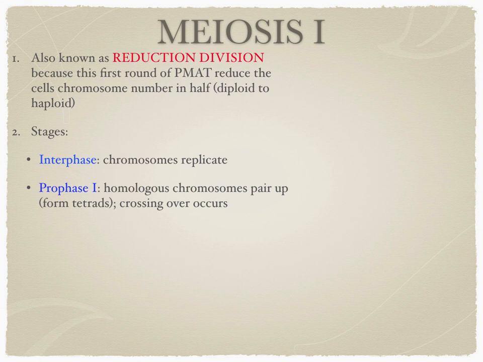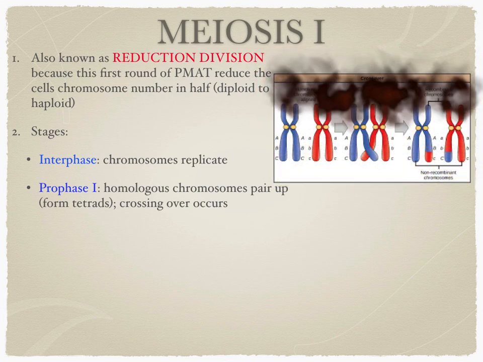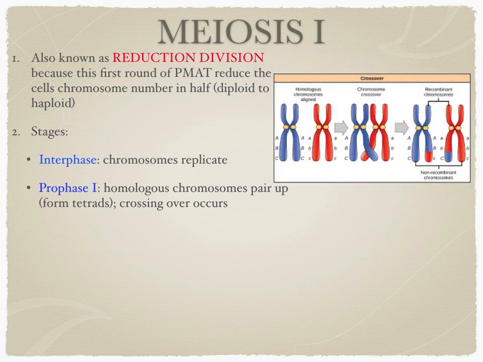In prophase 1, we have homologous chromosomes in a cell, and they form tetrads. As you can see in my burning flame there, I'm showing a pair of homologous chromosomes and the process of crossing over, which we'll talk about as we go along in this presentation.